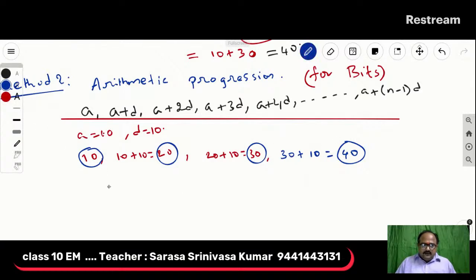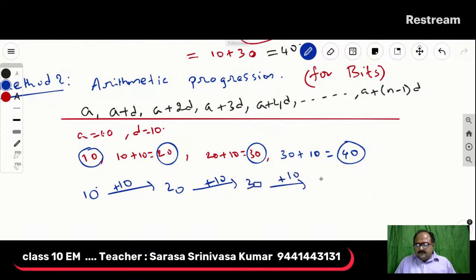Here I write how we represent this. This is 10, plus 10, 20, plus 10, 30, plus 10, 40. So this is T1, this is T2, this is T3, this is T4. This is how we can write the answers for bits.